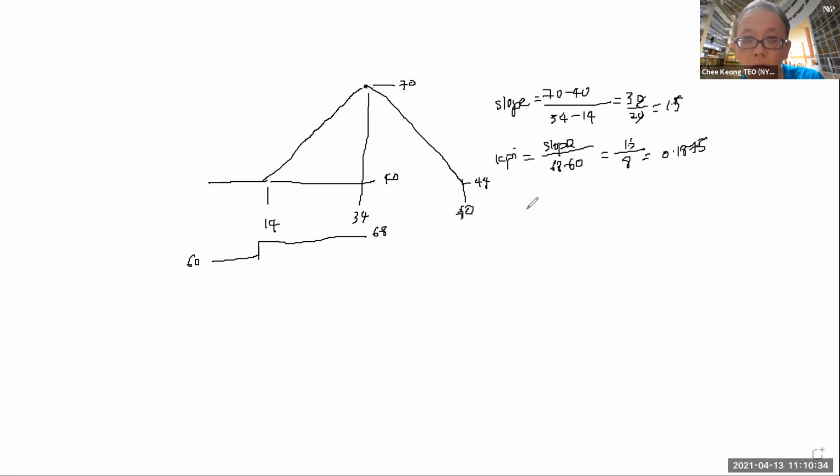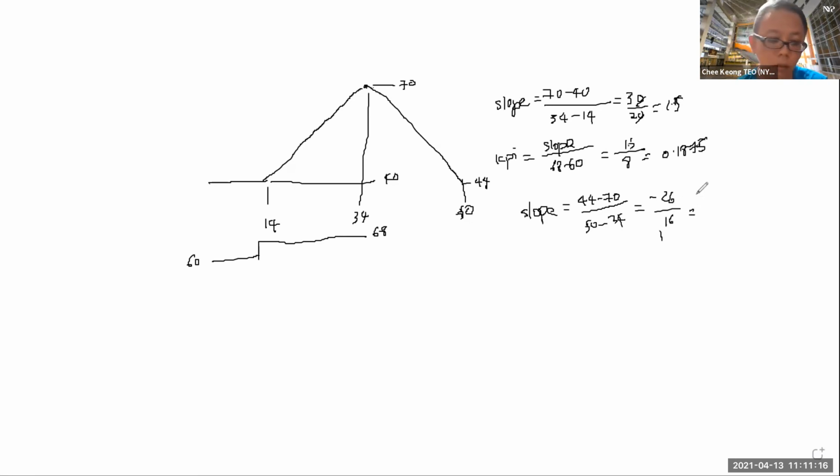So the other slope will be a negative slope. It is 44 minus 70 over 50 minus 34. So at the end of it, 70 minus 44, you get minus 26 on top, and at the bottom, 50 minus 34, you get 16.